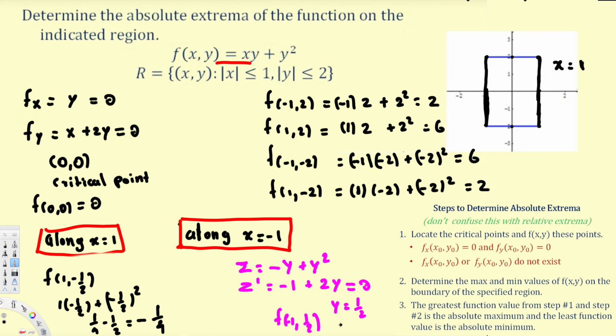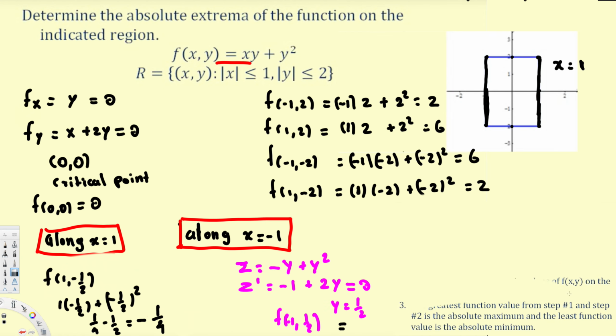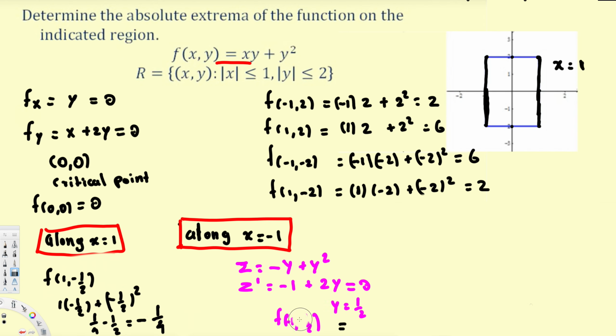Okay, and let's look at this one. We found x is negative 1 and y is half. Now we are going to plug this into this equation.